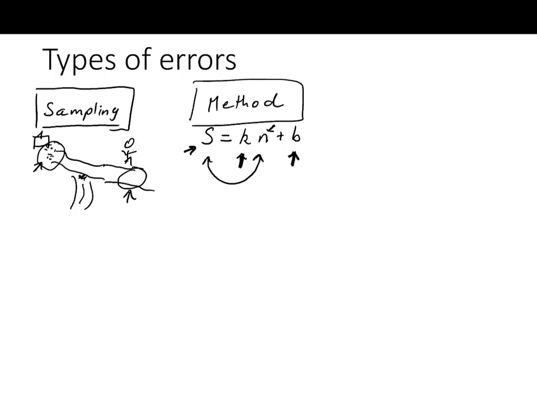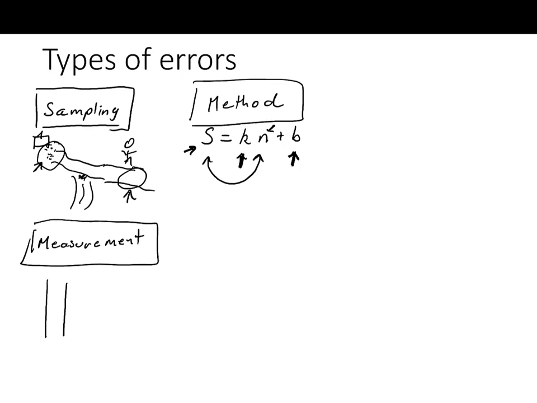The measurement tools. So measurement can also be a problem. So think about a volumetric flask versus a graduated cylinder.